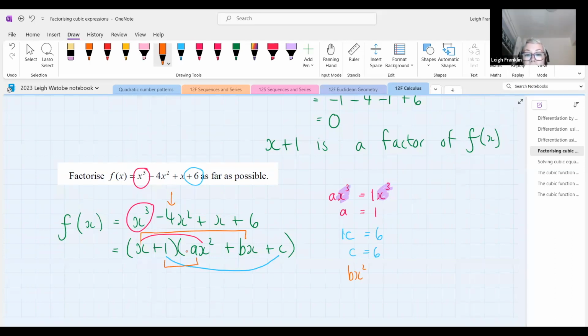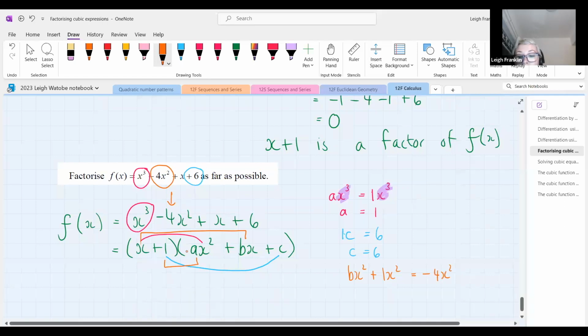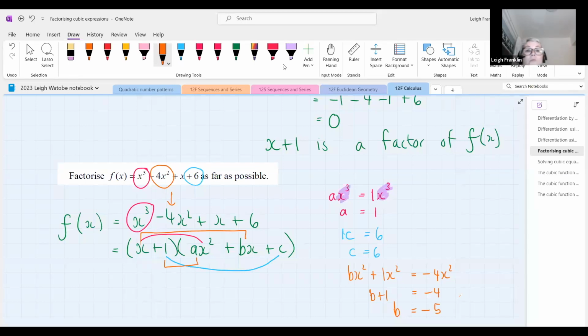I already know that a is equal to 1, so I've got 1 times 1x squared, which is 1x squared. And again, I can see that it's equal to -4x squared in my equation. So I'm going to make it equal to -4x squared. Then I can drop my variables. So essentially I'm saying that b plus 1 is equal to -4. Take my 1 over to the other side, and that means that b will be equal to -4 minus 1, which leaves me with -5.